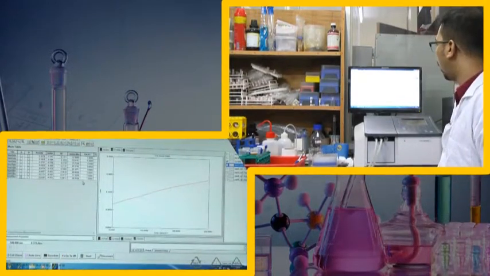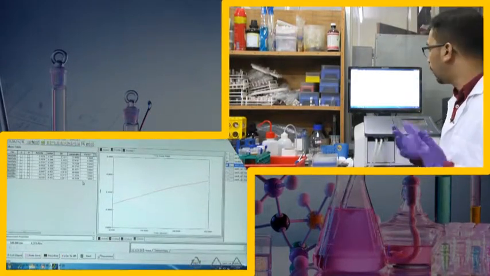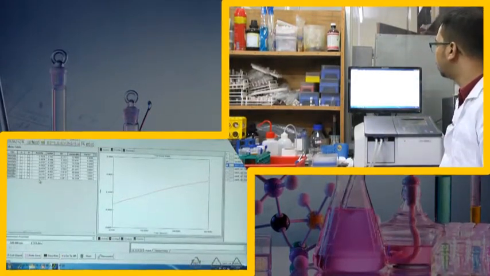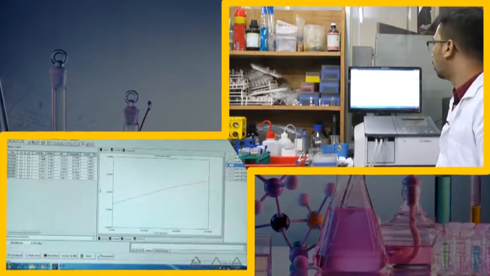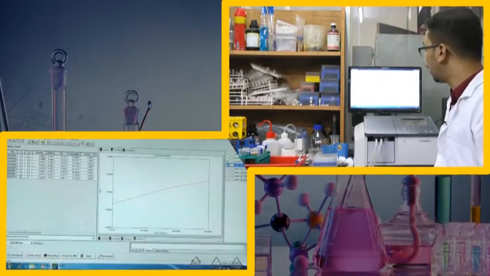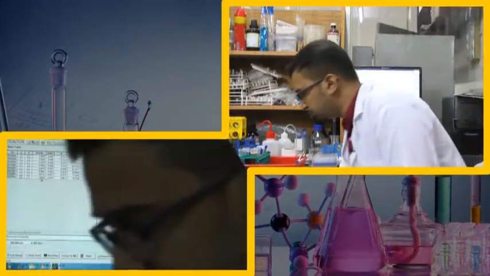So what we can see is that in the presence of inhibitor, the activity or the rate has decreased. Here the activity is 0.0342, and here the activity is 0.05. Of course, 0.05 for the enzyme was much greater without inhibitor, whereas in the presence of inhibitor it has decreased to 0.03. So, again we are noting down this value.